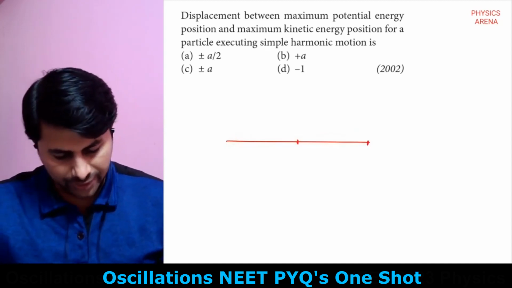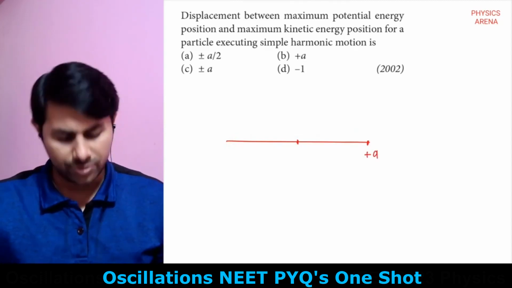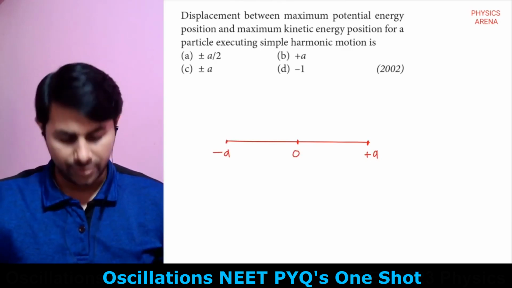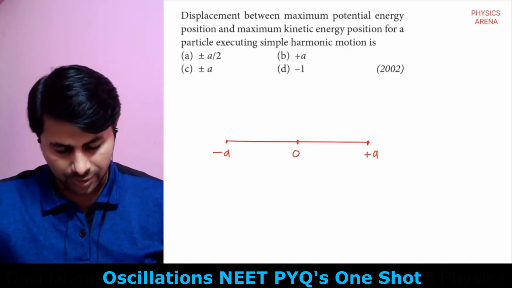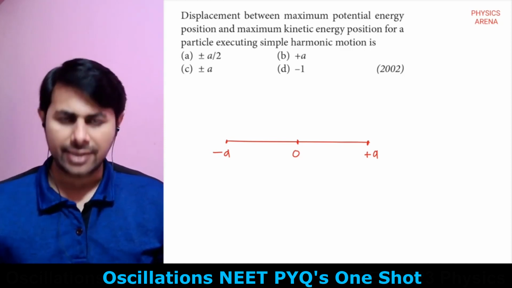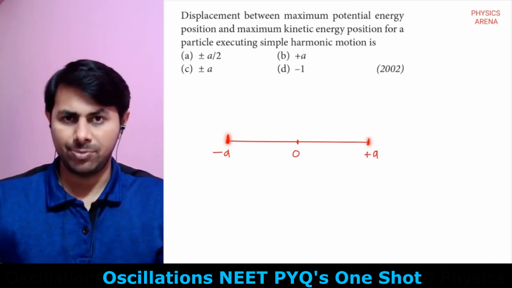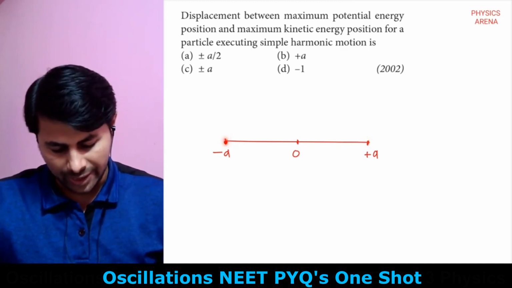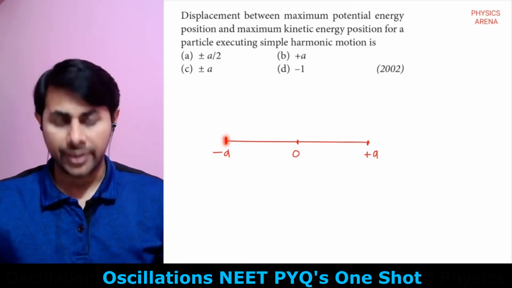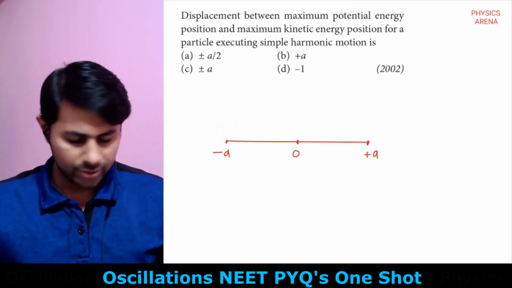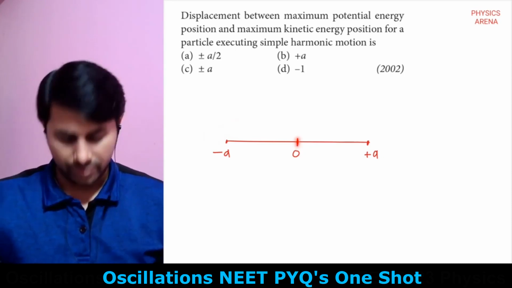This is plus a, this is minus a, and this is 0. Now maximum potential energy is at these two positions.